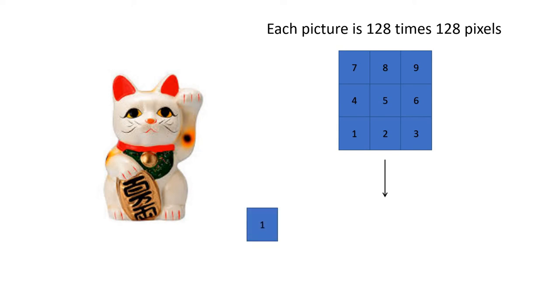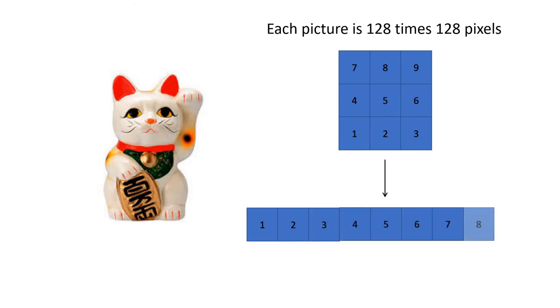So I'll take the pixel number 1 first, followed by pixel number 2, 3, all the way to pixel number 9. So I'll take the first row of the image, followed by the second row, followed by the third row. And by doing so, I'll create a vector of 9 numbers, or a vector in 9-dimensional space that characterizes this picture.